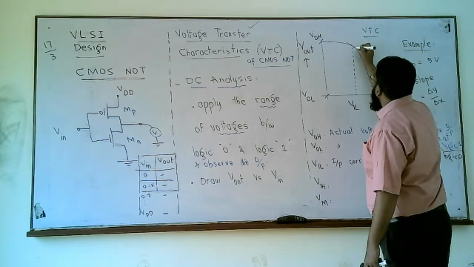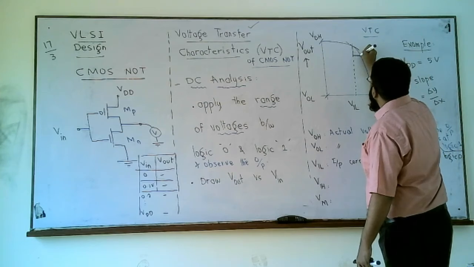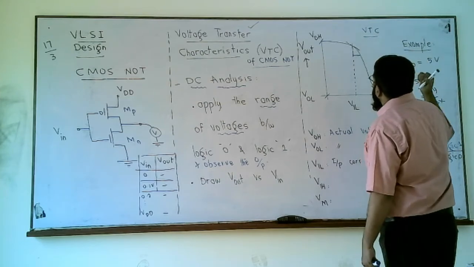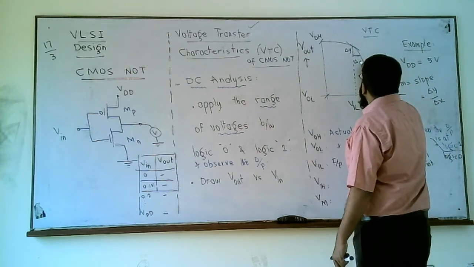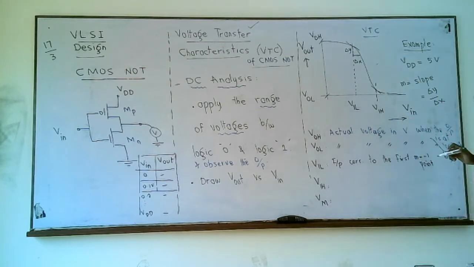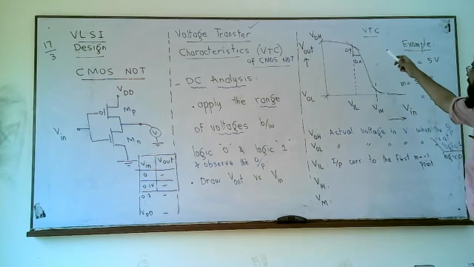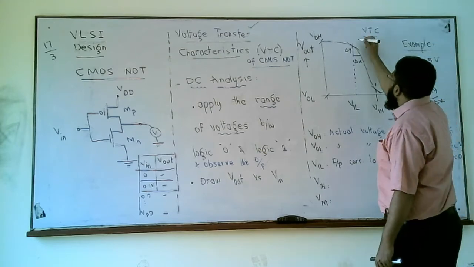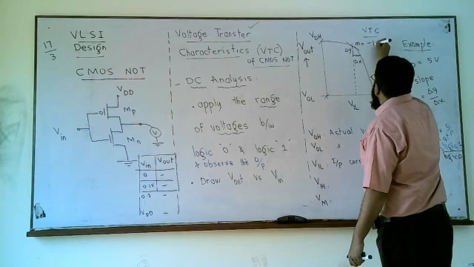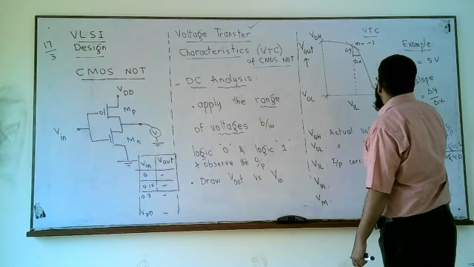So if delta y over delta x is -1, on this curve we have two such points where delta y over delta x is equal to -1. This is the first of these 2 points, and this is the second point.